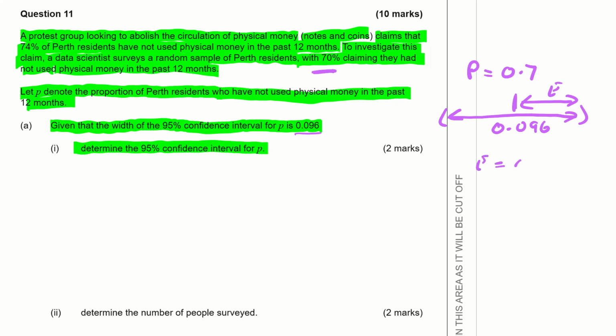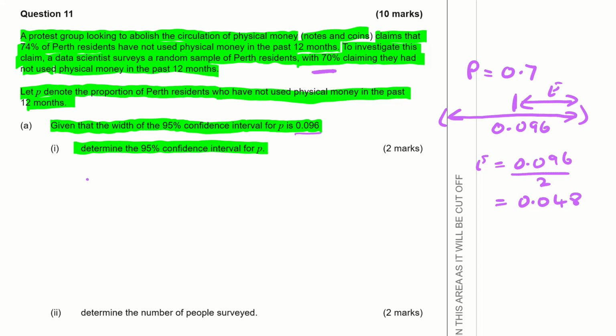Okay, so the middle of our interval is going to be the 70%, so P hat is 0.7. The width of the interval is, where was it, 0.096, and therefore the E value is going to be 0.096 divided by 2, which is 0.048.